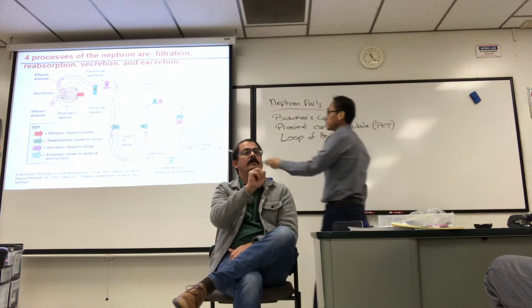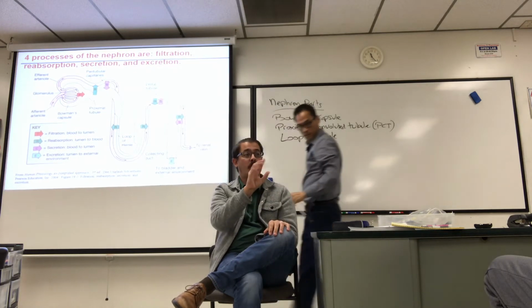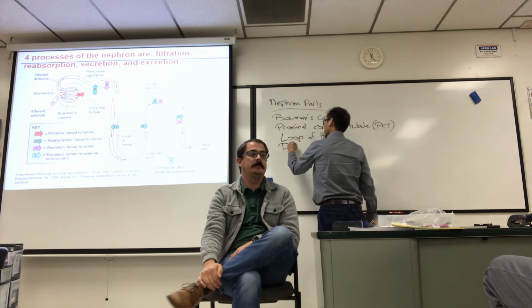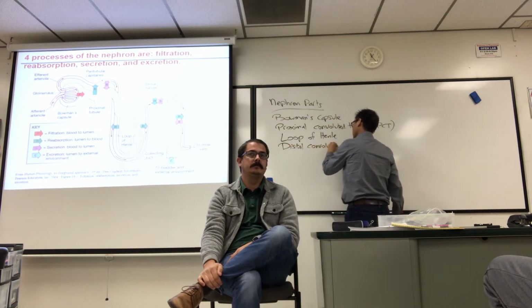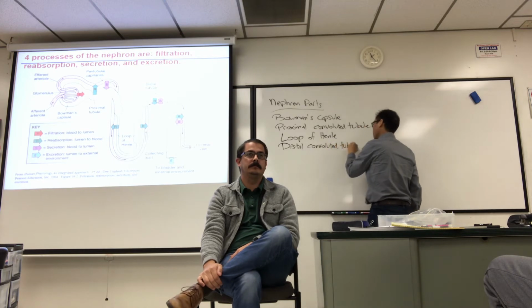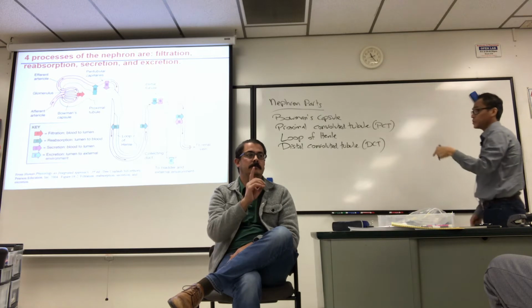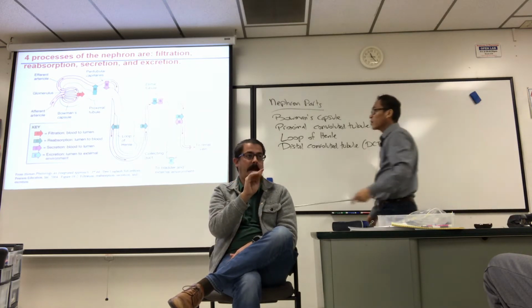The full name is distal convoluted tubule, DCT. And that dumps into what's called the collecting duct, that last tube there.